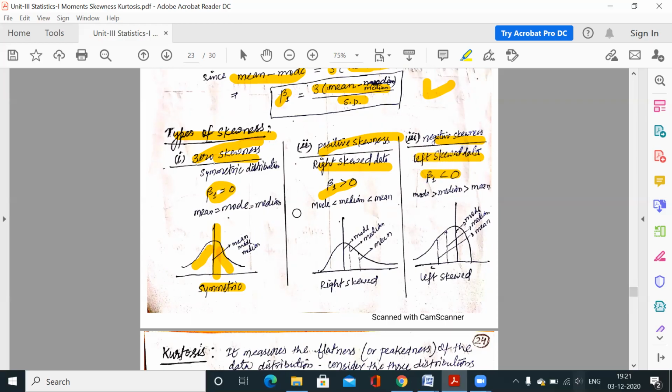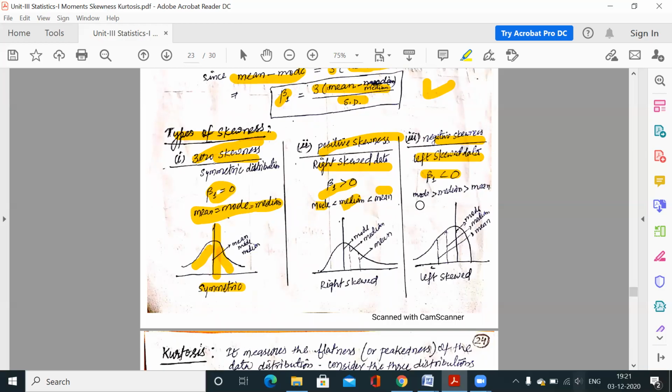These are some properties for symmetrical data: the mean, mode and median. All these measures of central tendency are equal for zero skewness, meaning symmetrical data. For right skewed data, the mode is less than the median, and the median is less than the mean.